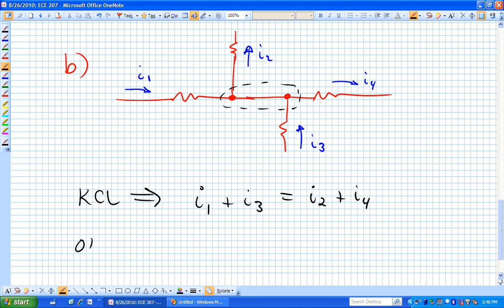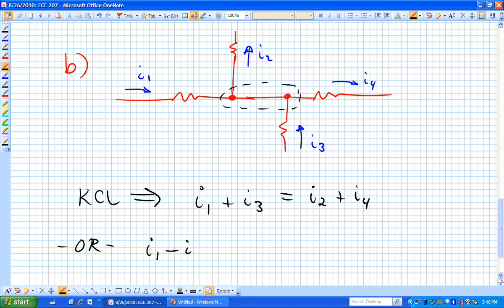Or you could algebraically move all of those to one side of the equation, or you could simply say, I'm going to sum all of the currents going into that node and let those be equal to 0. Well, I1 goes in, I2 is actually going out, so it's going in with a negative sign. Does that make sense?